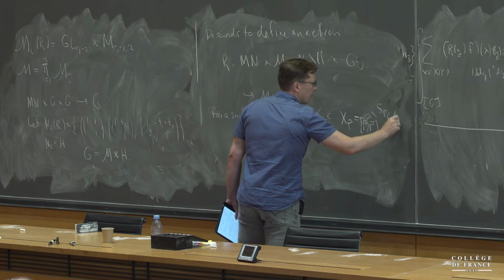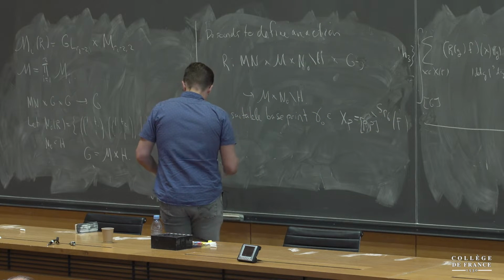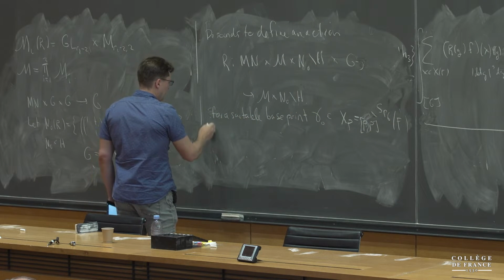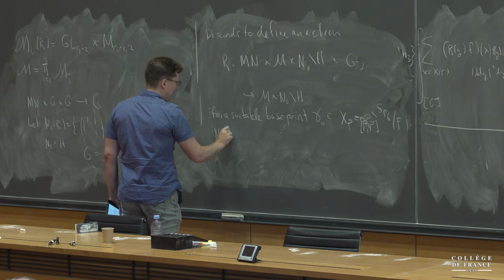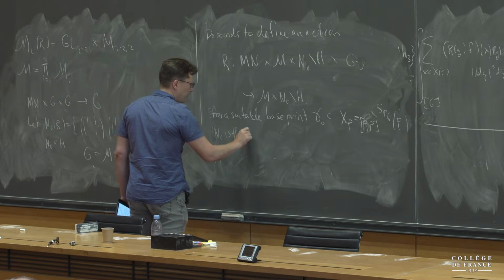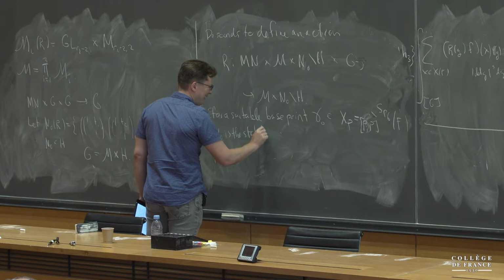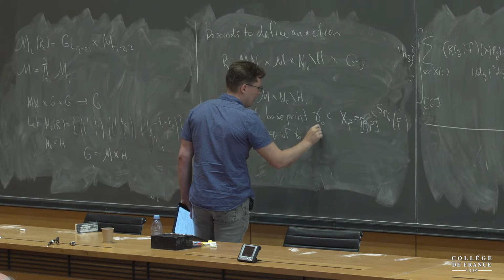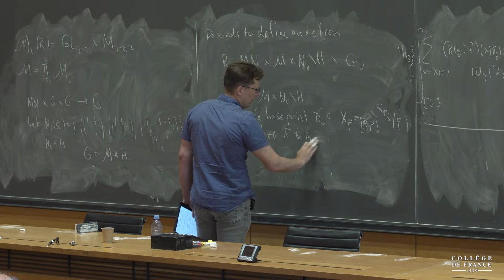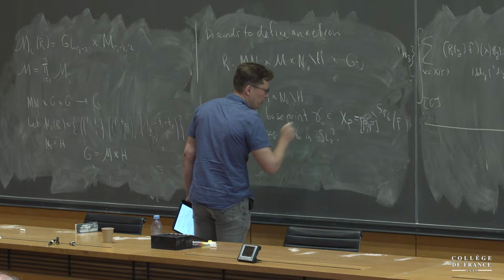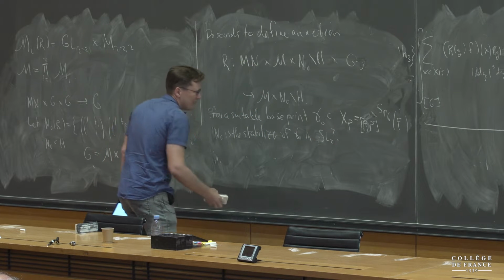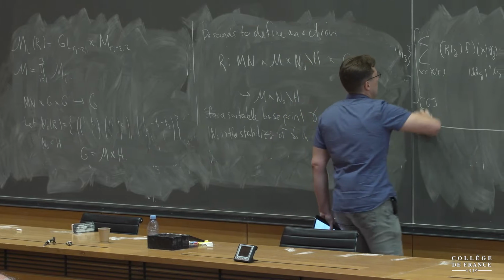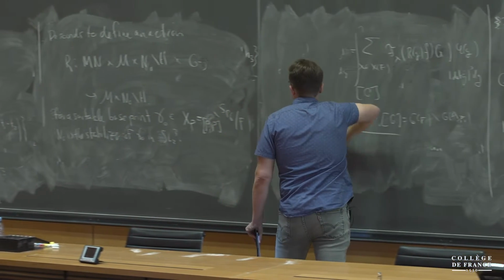Okay, and I guess I should take F points. N naught is the stabilizer of gamma naught in SL2 cubed. Okay. So what does that mean?